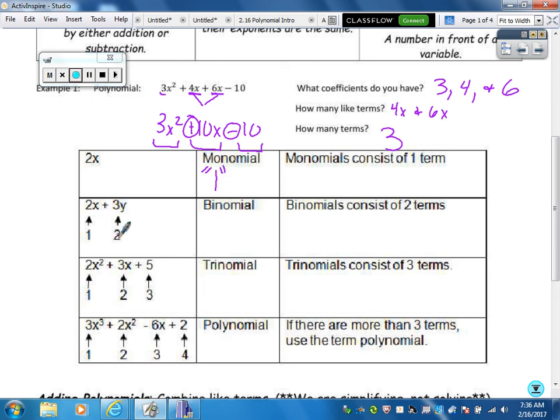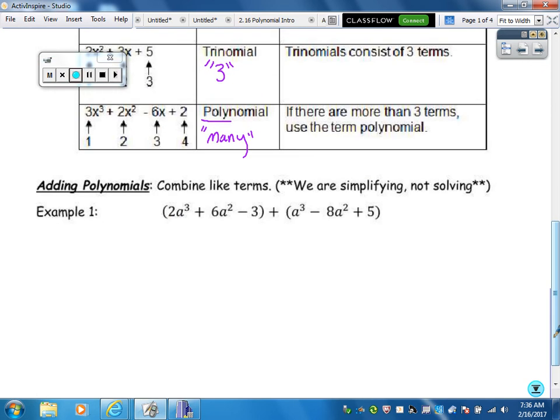If I have two terms, then I have a binomial. So bi, like a bicycle, has two wheels, has two terms. A trinomial, just like a triangle has three sides, has three terms. So tri means three. And poly means many. So four or more, we call it polynomial because we get tired of naming them, okay? So that's just a general term for any more than 3.